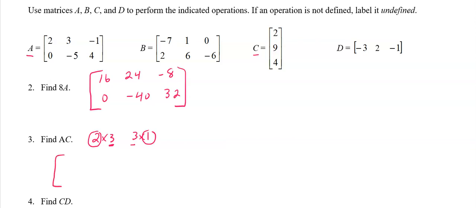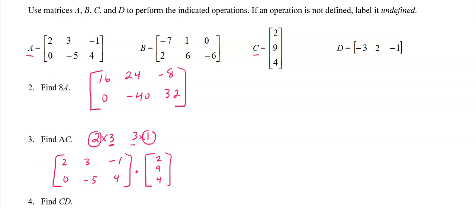So I'll just go ahead and set this up. Here's matrix A, and we're going to multiply matrix C. You have to keep them in this order: A to the left of C. And when you multiply matrices, it's always row of the left times column of the right.